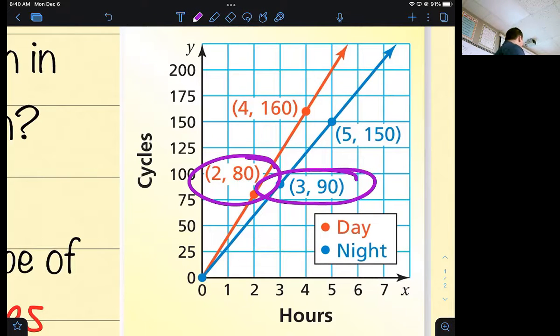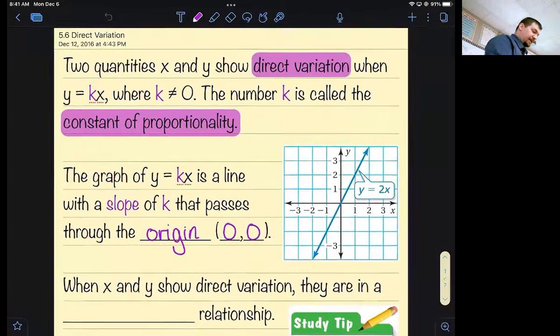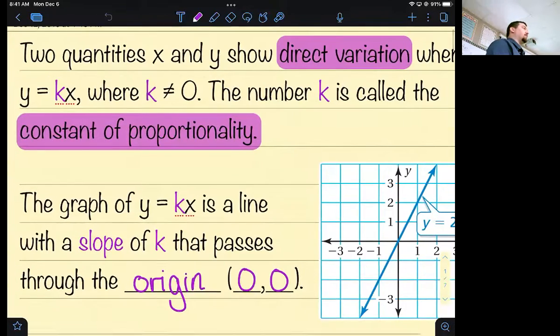Yeah, in fact, if I divide any point on that line, I'll get 40. What about the blue? What's 150 divided by 5? It's 30. I can use any point on the blue line and I'll get 30. The fact that I keep getting the same number every time I divide means that the number is a constant, and that's what k stands for. K is the constant of proportionality.